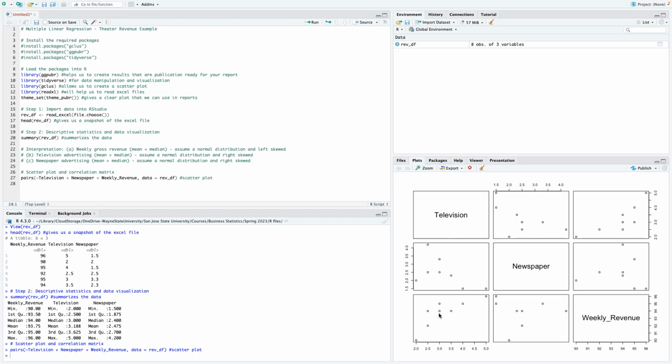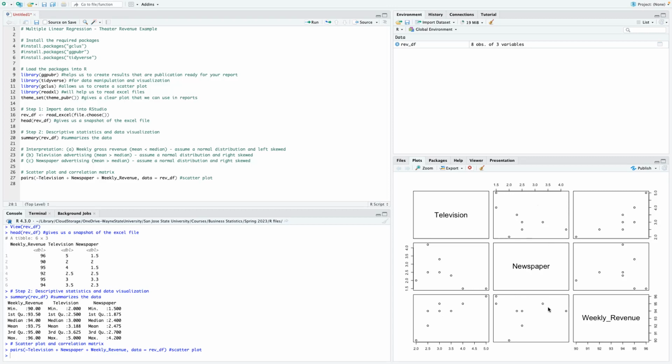So my question for you is, can you look at newspaper and weekly revenue and try to tell what kind of relationship there is? I'm just going to tell you what boxes to look at. For newspaper, this top box is newspaper and television, where newspaper is on the x-axis and television is on the y-axis.